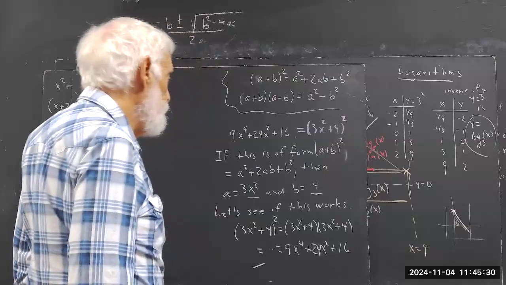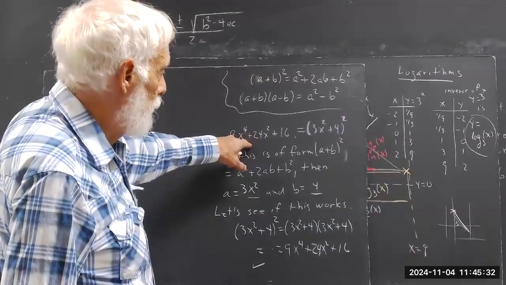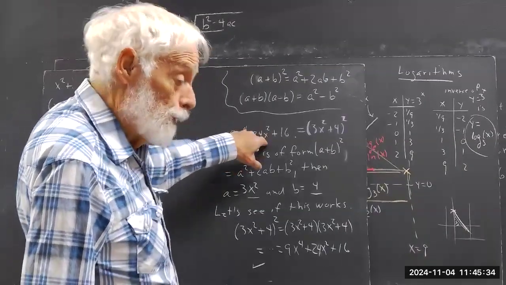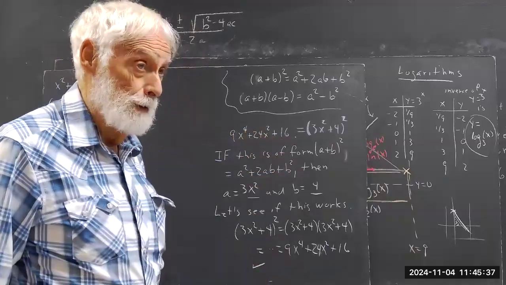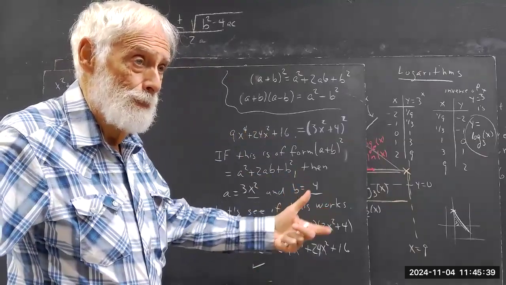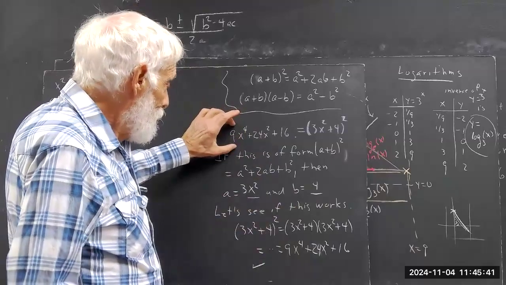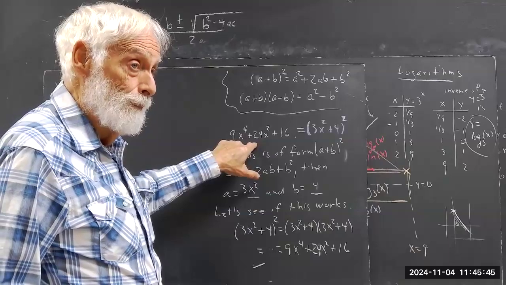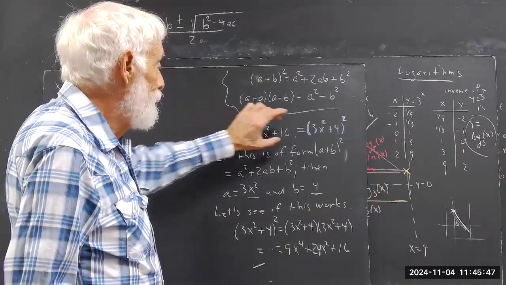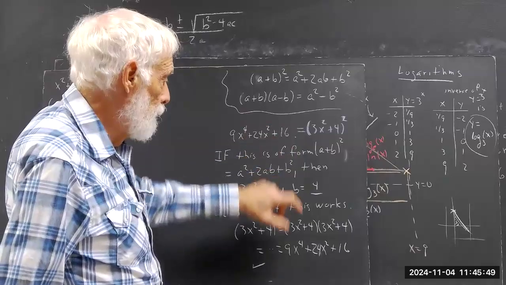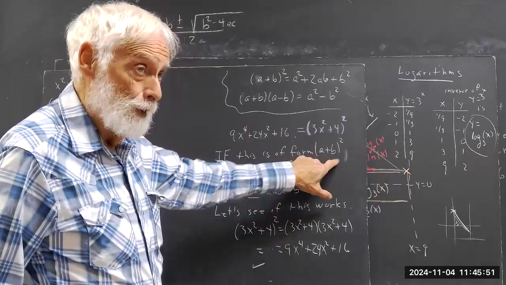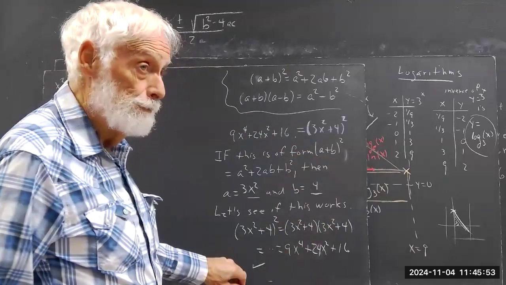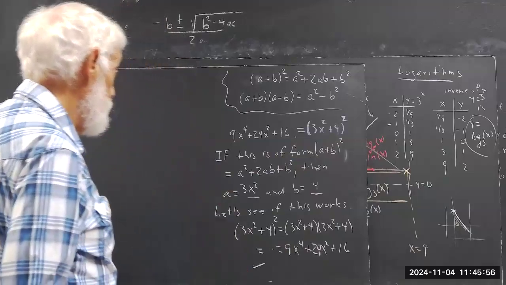Now, if I had written down 9x to the fourth plus 25x squared plus 16, it wouldn't have matched, because this term and this term determine what this one has to be. Of course, the square root of this and the square root of this are what go in here. That makes sense?